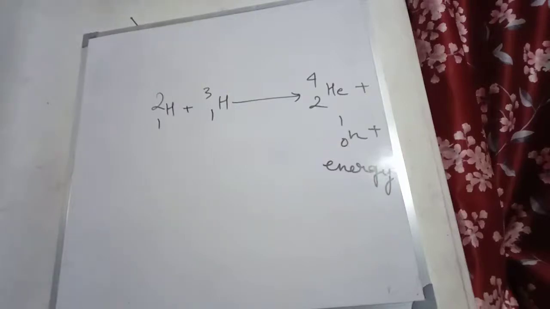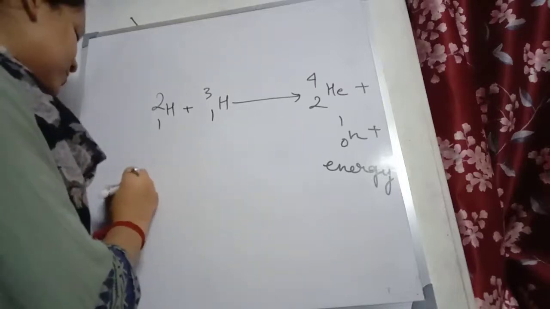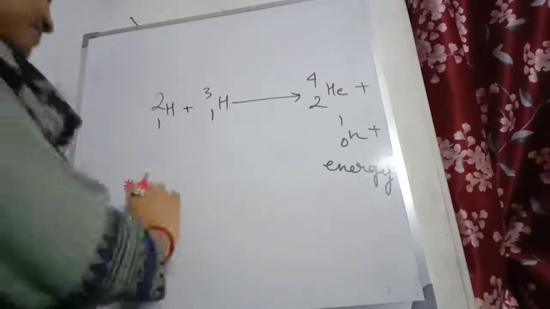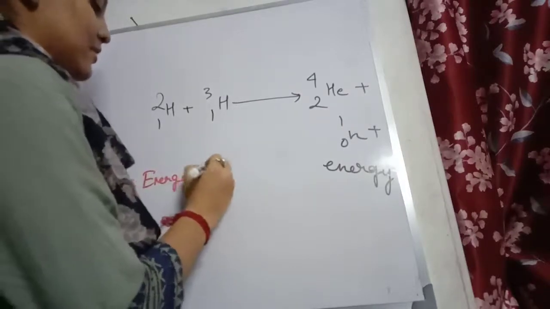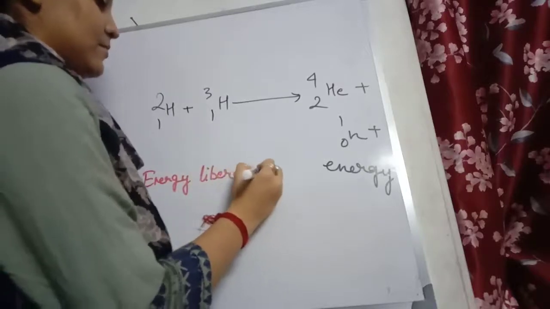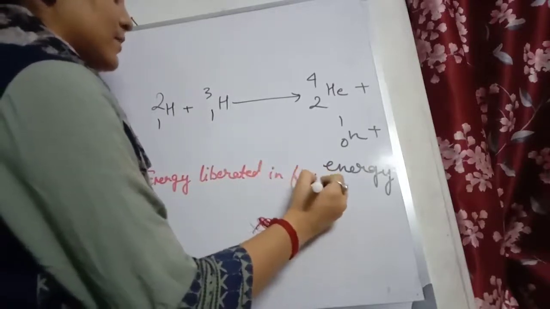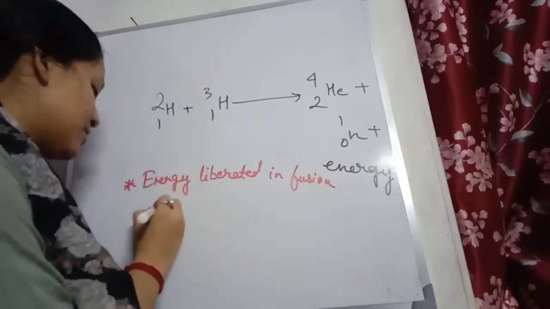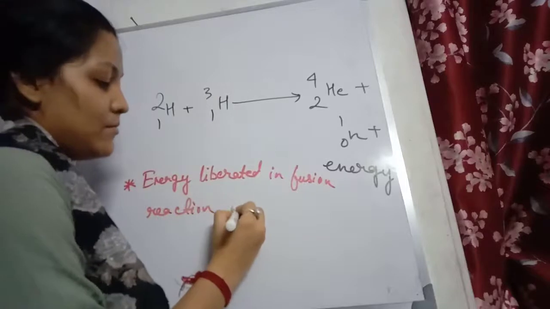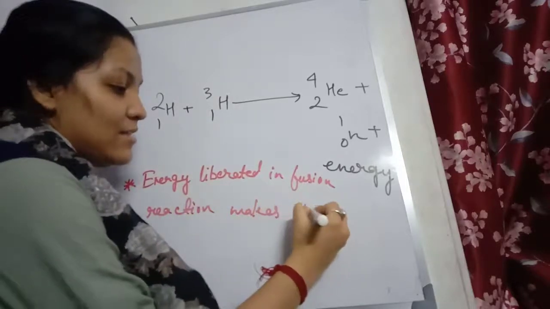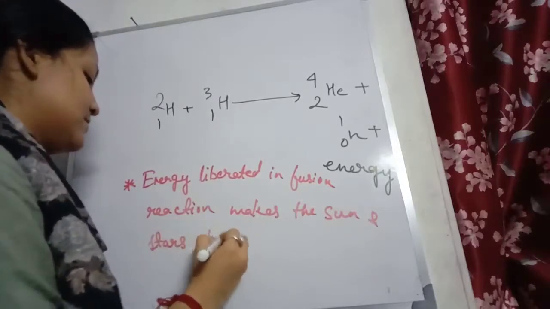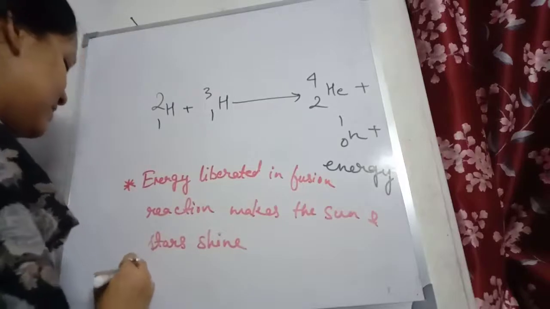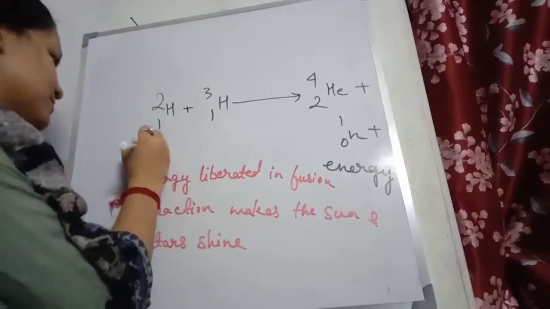And what are the applications? If I talk about the applications, what are they? So the first one is the energy liberated in fusion reaction makes the sun and stars shine.